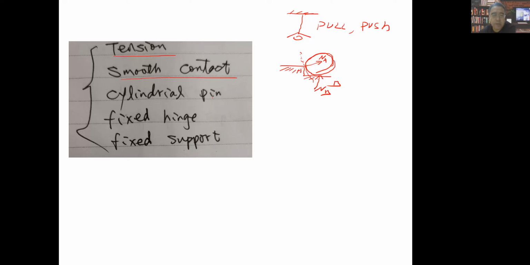Another is the cylindrical pin. Actually, it's more like this. Or in Chinese, the 活动铰链. So we have body one, body second. If we select body one as the object to be analyzed, so we will give here like this Fy and Fx. So this is body one.